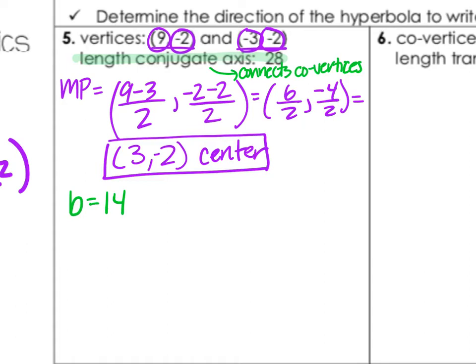And now we can look to our vertices to find out what A is. So if you think about just a really quick sketch of a coordinate plane, your vertices here are 9, -2. So we go over to 9, we go down to -2.